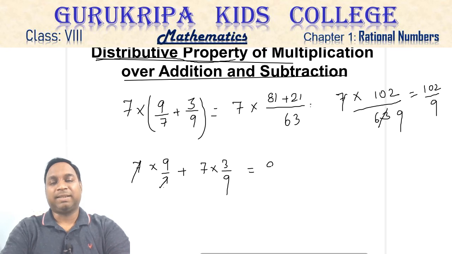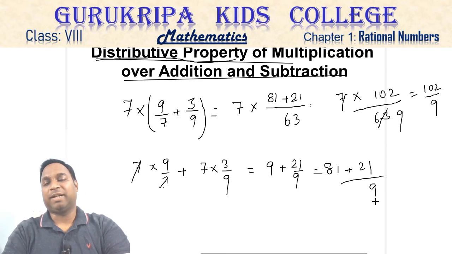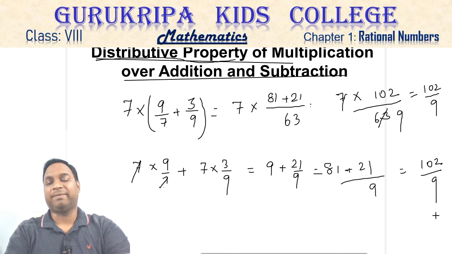So you will get 9 plus 21 divide by 9, that is equal to 81 plus 21 divide by 9, that is equal to 102 divide by 9.